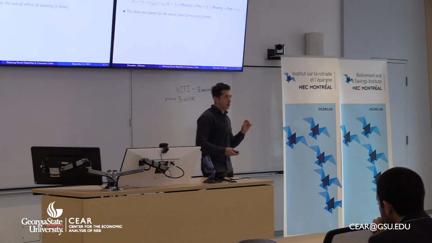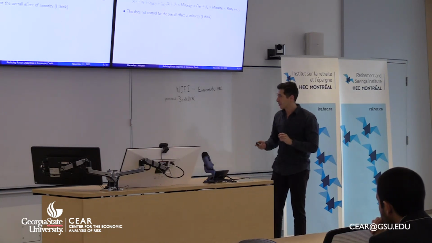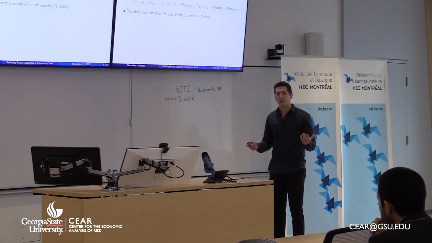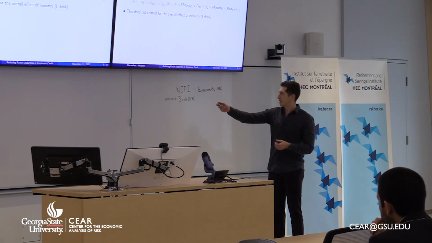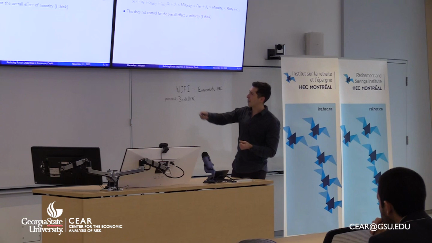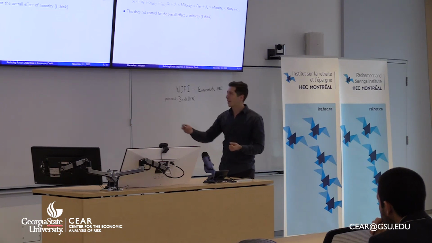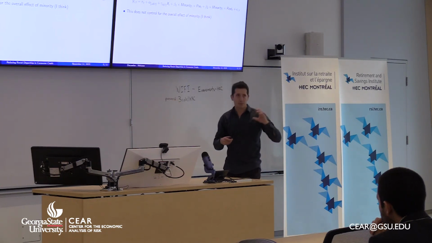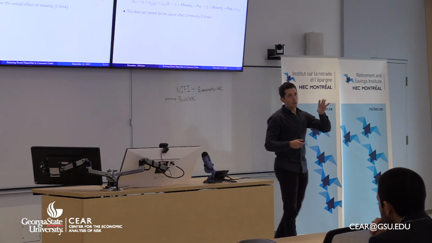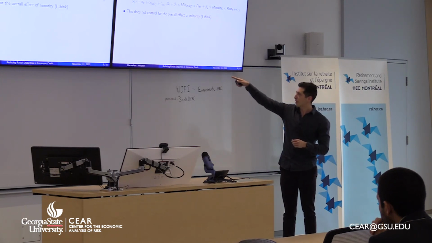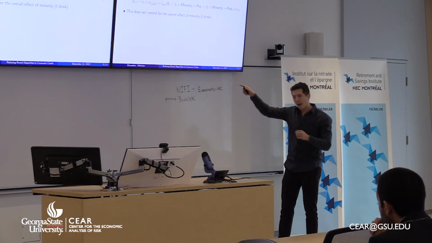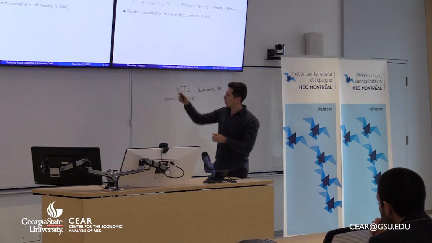Okay, minor quibbles on empirics. So the main specification the authors are doing is this diff-in-diff estimation with time fixed effects, lender fixed effects, some time-varying controls, minority times a pre-dummy plus minority times post-dummy. I don't think this is controlling for the overall effect of minority.